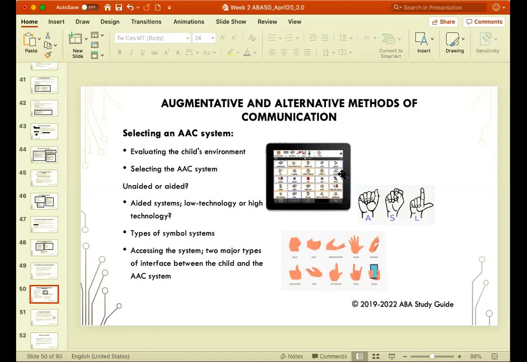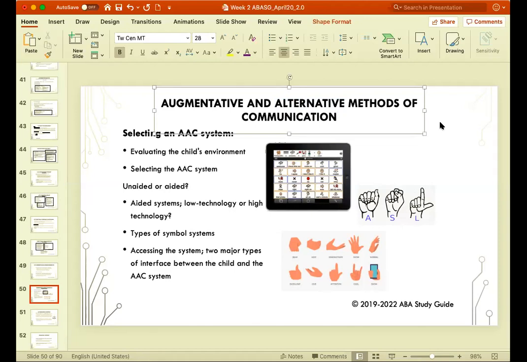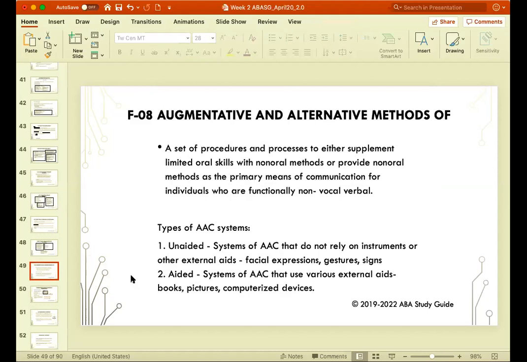AACs are just any alternative method of communication. Anything outside of vocal, verbal, or oral language is considered an AAC. In colloquial language, we talk about AACs as being like iPads or Dynavox or that system that's like 500 pounds, as those being AACs, but it is anything that is put in to supplement limited skills or as a primary means of communication.